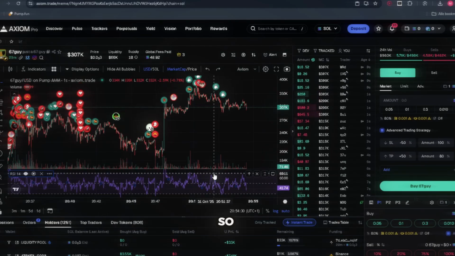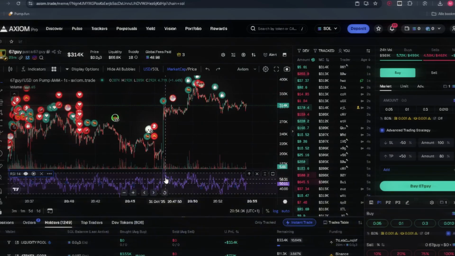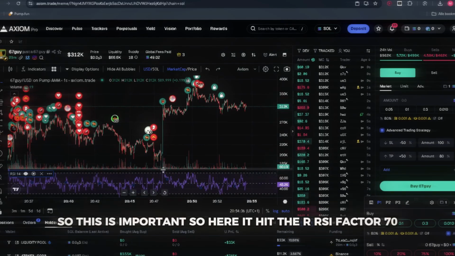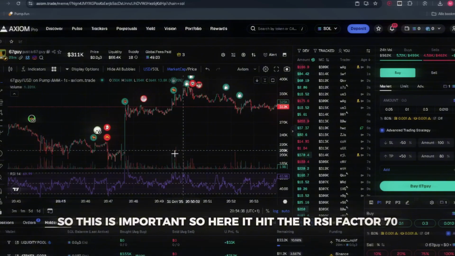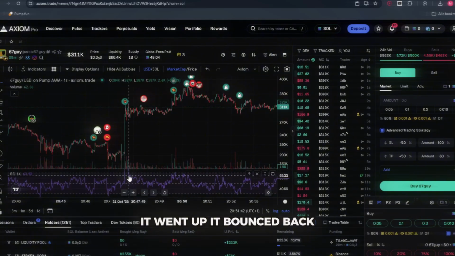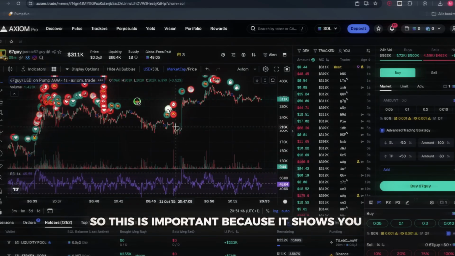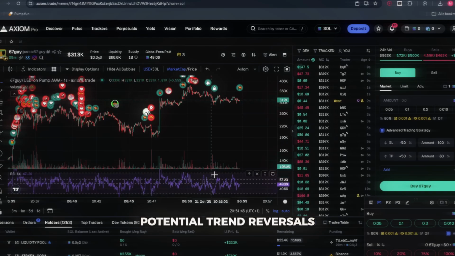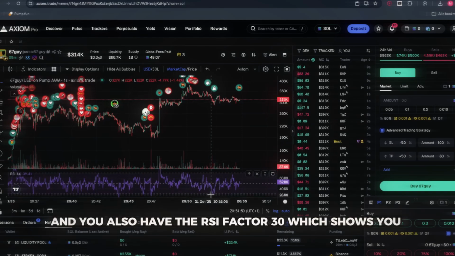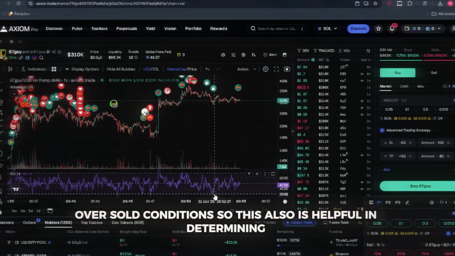So usually when it hits the overbought conditions, the price bounces back. So this is important. Here it hit the RSI factor 70, it went up, it bounced back. This is important because it shows you potential trend reversals, and you also have the RSI factor 30, which shows you oversold conditions.